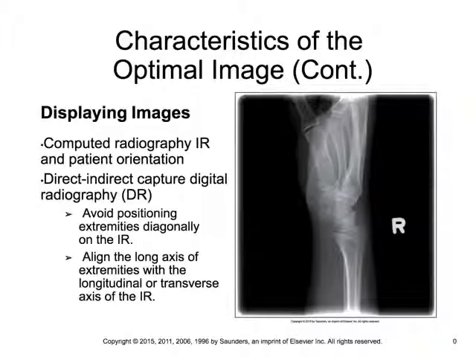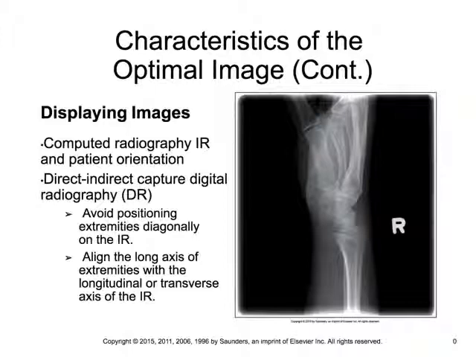Yeah, if we're talking about doing direct capture and we're trying to do a forearm and we've positioned it diagonally across the imaging surface, right? It's going to be very difficult to appropriately rotate it to send it to PACS because we've directly captured it like that. In our PACEMAN acronym, it's going to be unesthetic. It's going to be just a weird, wonky angle.